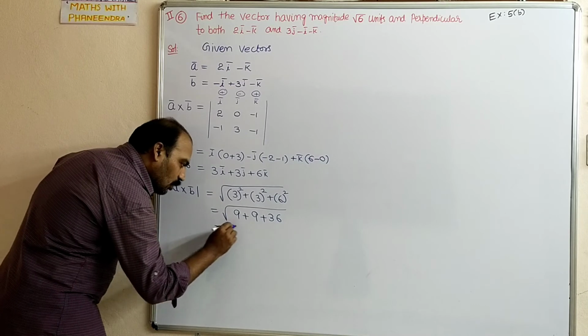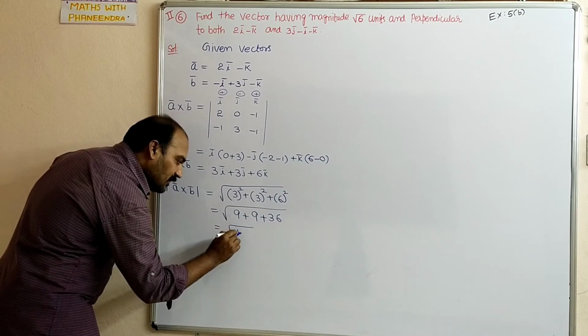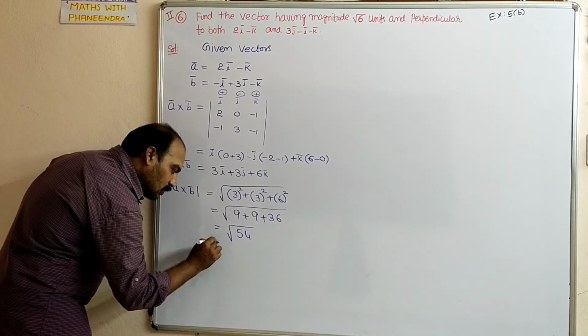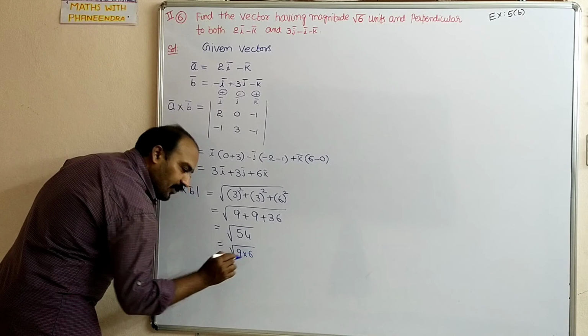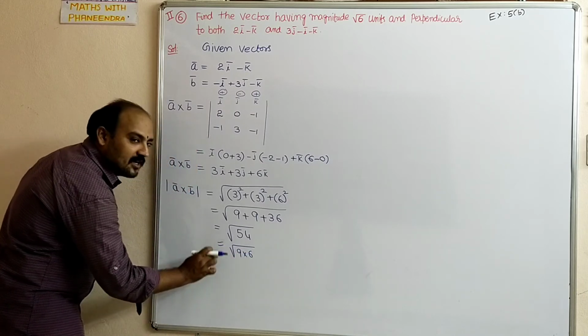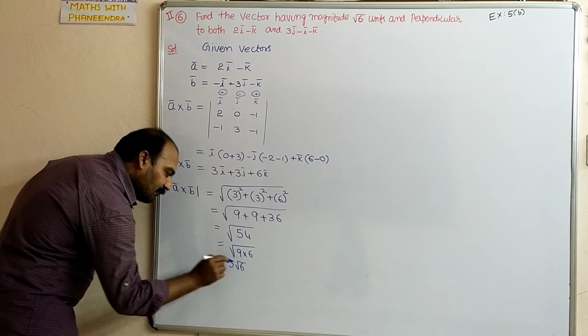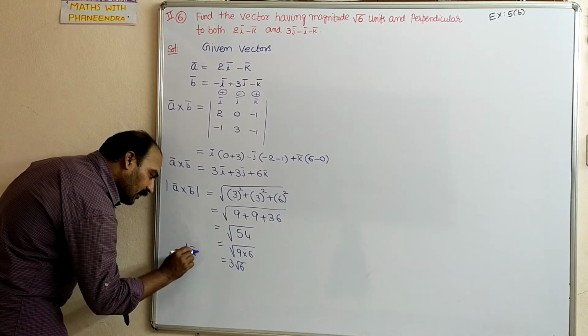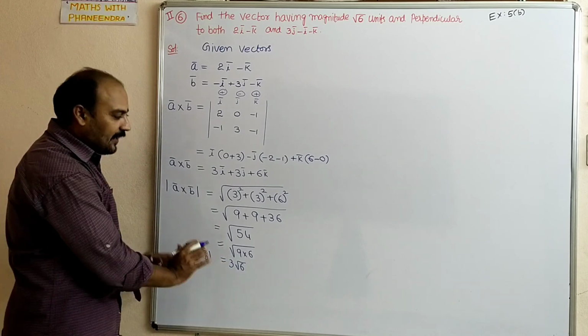So which is equal to root of 18 plus 36, so it will become 54. That can also be written as 9 into 6. So 9 we can take outside of the root, it will become 3. So 3 root 6. Therefore the magnitude of a bar cross b bar is 3 root 6. You can keep it like this.